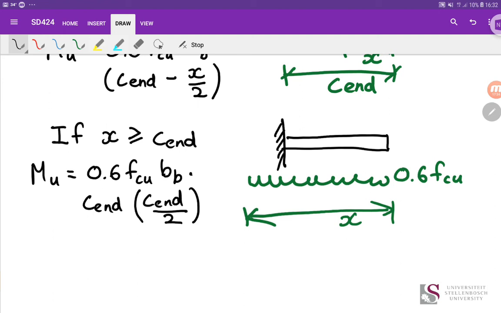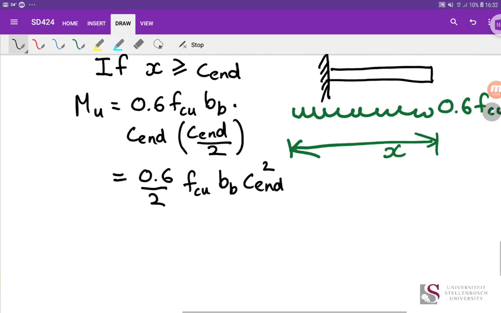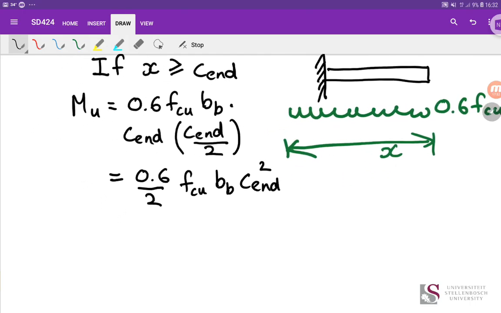So that ends up with a c end squared. So this ends up with 0.6 over 2 times our concrete strength times the width of our base plate. So that gives us this. Now, that gives us a moment at the base plate, at the edge of it, at the column interface.